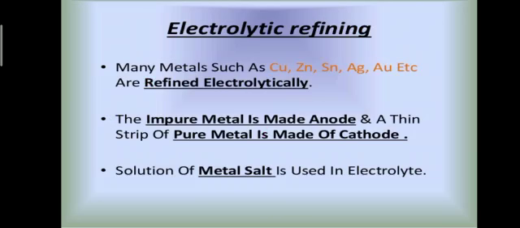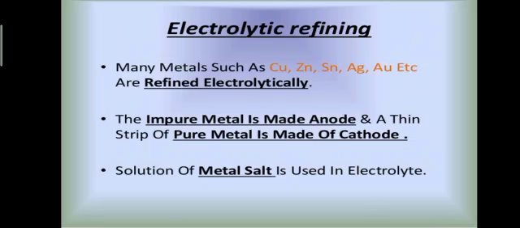Next is electro-refining, or electrolytic refining, or purification of metals. Electro-refining of metals is a process of obtaining pure metal from the impure one by the process of electrolysis. It means that we have to remove the impurities from the metal and the metal becomes pure.